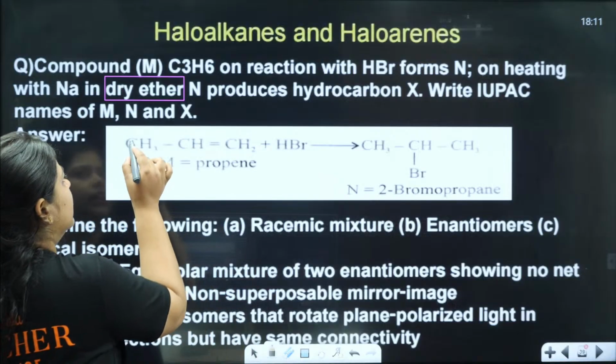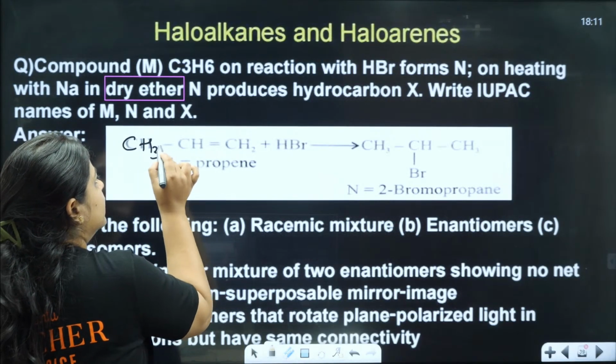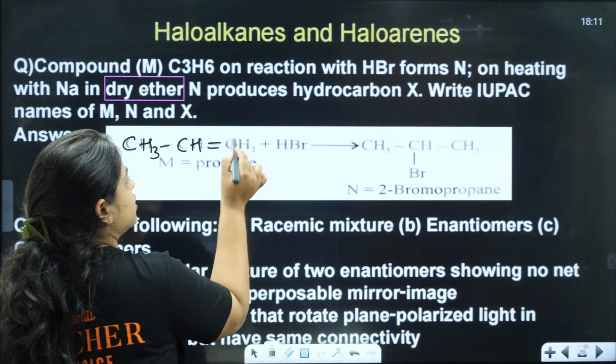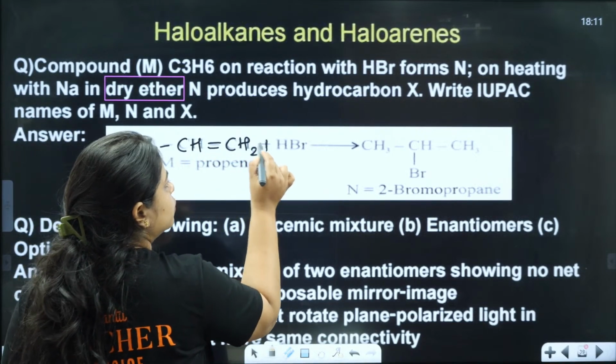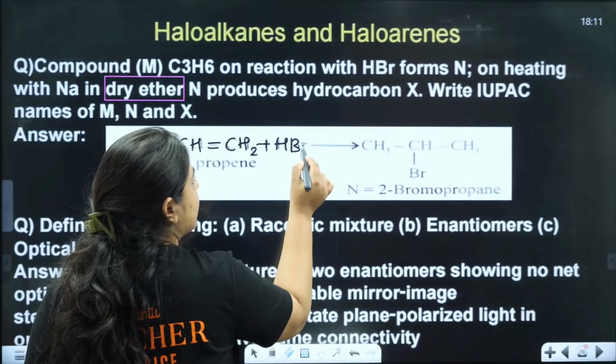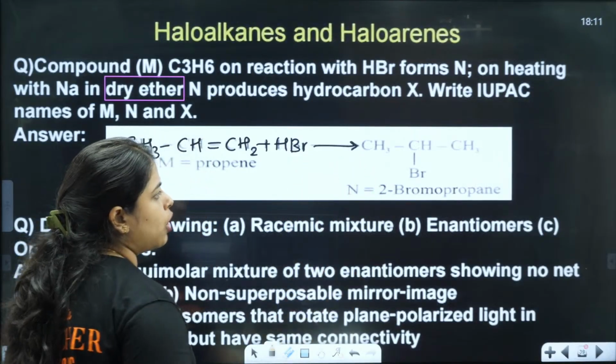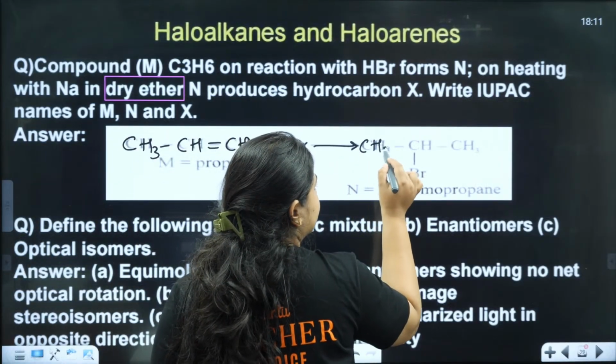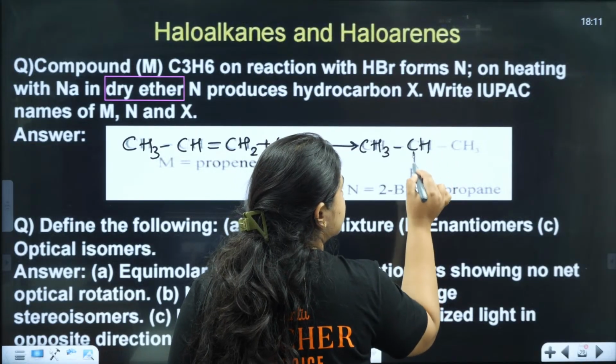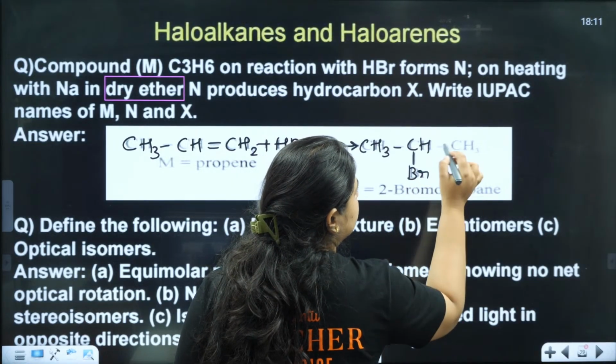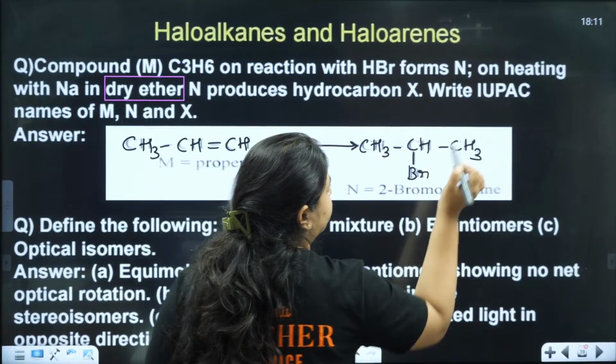The reaction is CH3CH=CH2 plus HBr, which forms CH3CHBrCH3.